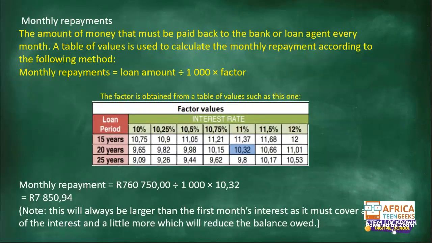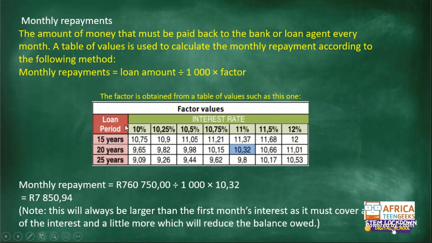How do we proceed with the monthly amount that must be paid to the bank? Usually, the monthly repayments are not just calculated. There is something called a loan factor, or factor value. If you look at this table here, you can see that the factor is obtained from a table of values such as this one.